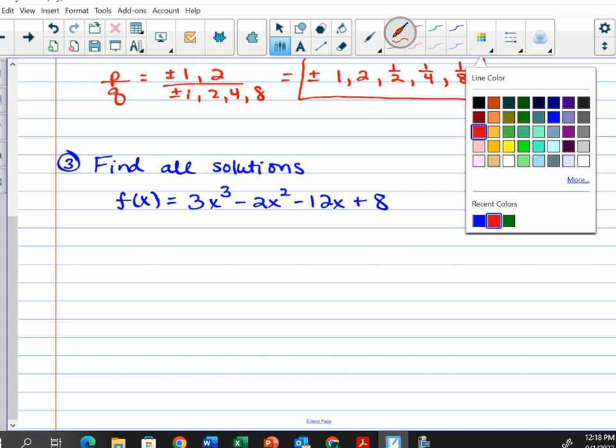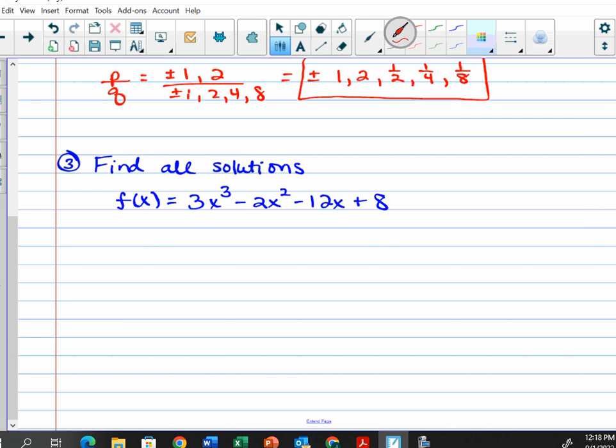Okay, so we have to start with the P over Q list. So go ahead and do that. I'll write it up here. You can check when you're done.